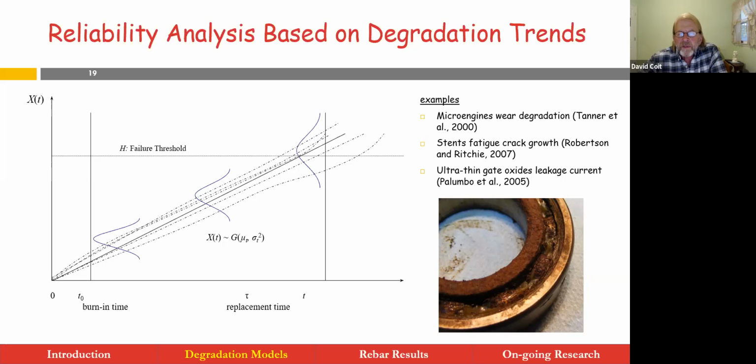But the difference is we can start to characterize and collect these distributions before failure takes place. In other words, in this instance, the corrosion, we can start to measure it, we can develop a model, we can extrapolate ahead. And if our model is a good one anyways, we can start making estimates of reliability, or when will this item be in an unsafe condition, long before an actual failure occurs.